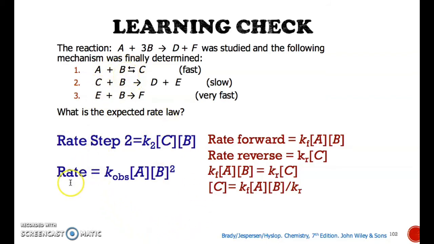And for step 1, look at this, it has the forward and reverse. This is the rate forward, kf, and the rate reverse is kr. For the reverse, it is the concentration of C, and forward is the reactant. In the reverse, C is the reactant.